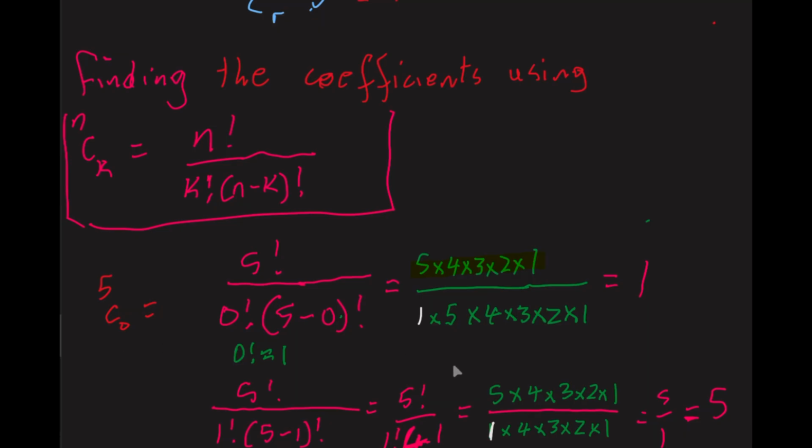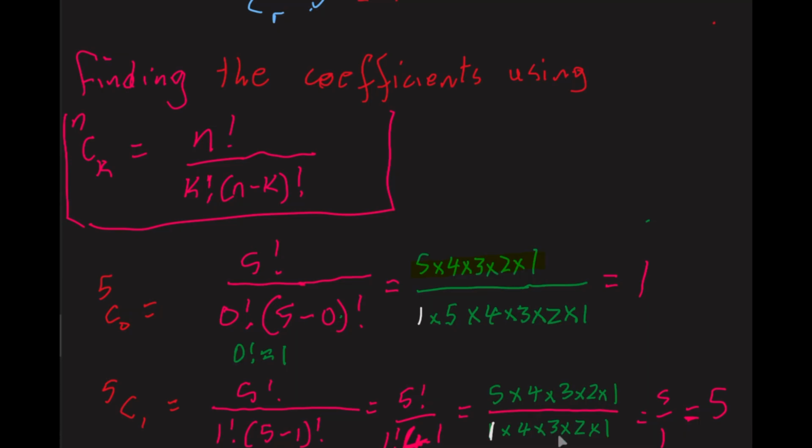The next step will be finding 5 choose 1, using this formula. So that would be 5 factorial over, our k was 1, so that's 1 factorial times (5 minus 1) factorial. And so that's going to be 5 factorial over 1 factorial times 4 factorial, since 5 minus 1 is 4. That will be equal to 5 times 4 times 3 times 2 times 1, divided by 1, which is 1 factorial, times 4 times 3 times 2 times 1.